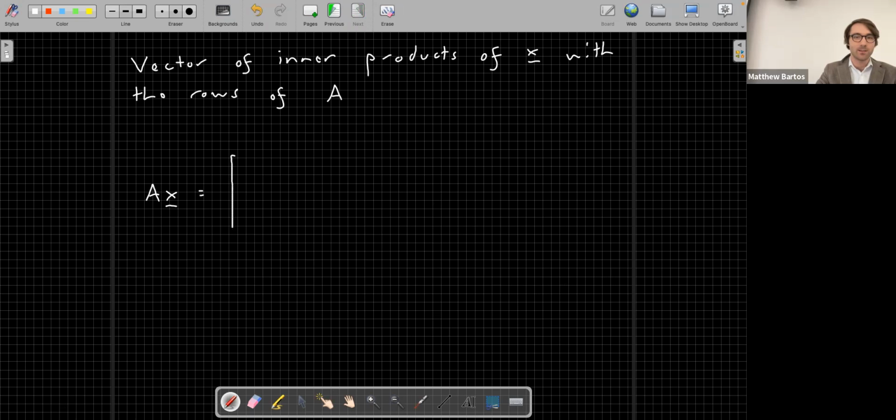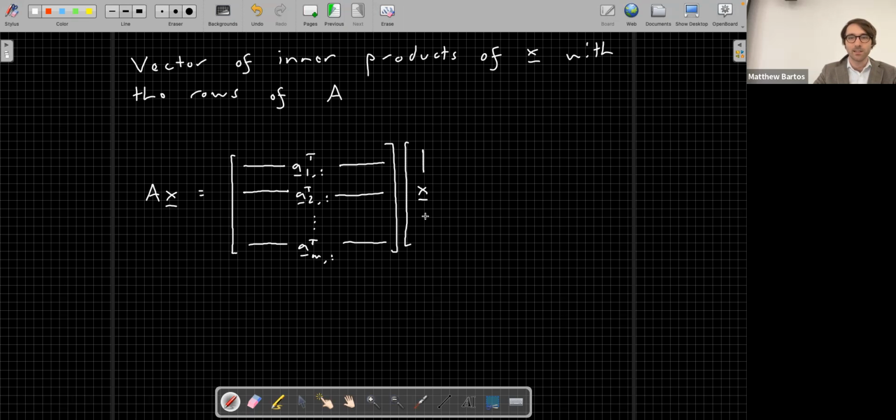If we think about it in terms of the rows, we have A1 colon transpose, A2 colon transpose, all the way through AM colon transpose, and we're taking each of these rows and multiplying it by a vector X. What we'll end up with is a vector of inner products, where each element is the inner product of a row of A with X.